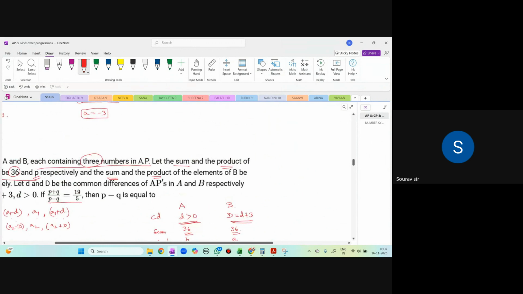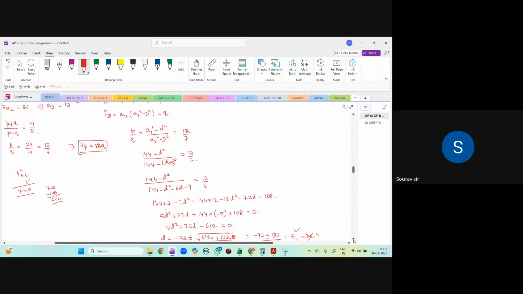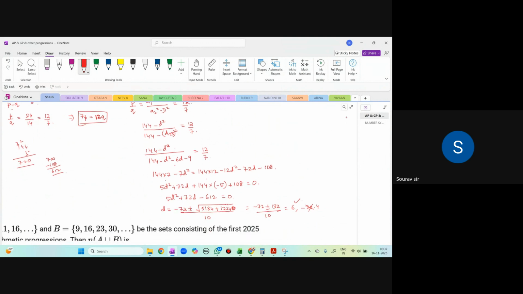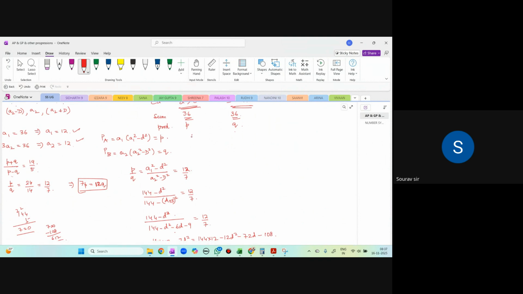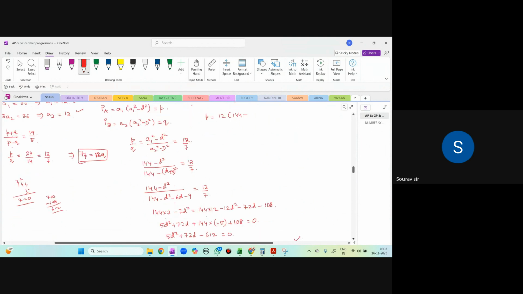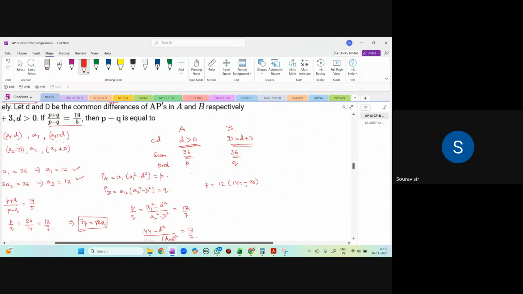So now you need P minus Q. So your P is A1, which is 12 into 144 minus D square, which is 6 square, minus 36, and Q is 12 into 144 minus, this would be 9, so 81.